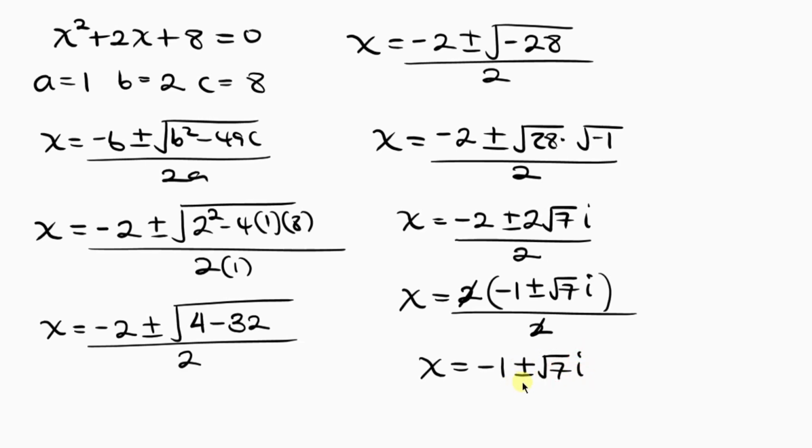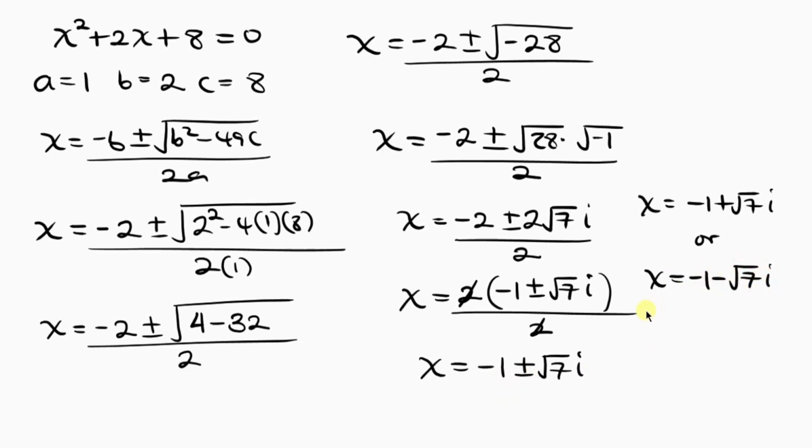So we have two values for x here, which is x is equal to negative 1. Taking the positive side, we have plus the square root of 7i, or x is equal to negative 1. And now this time, taking the negative, minus the square root of 7i.